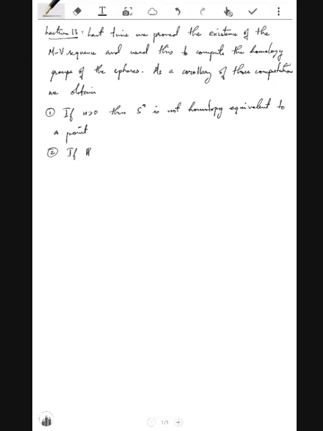Also, if R^m is homeomorphic to R^n, then m is equal to n.